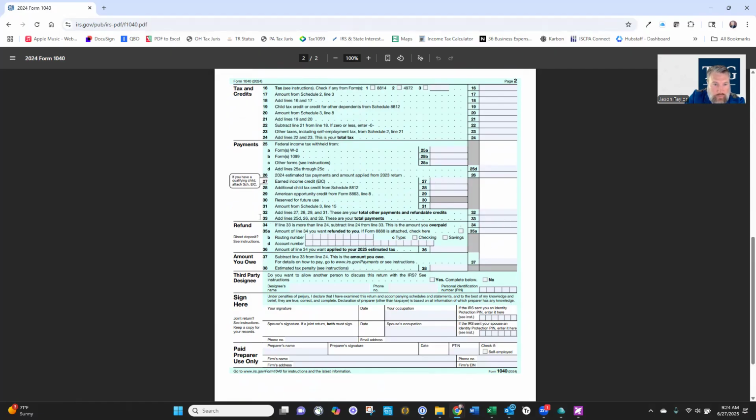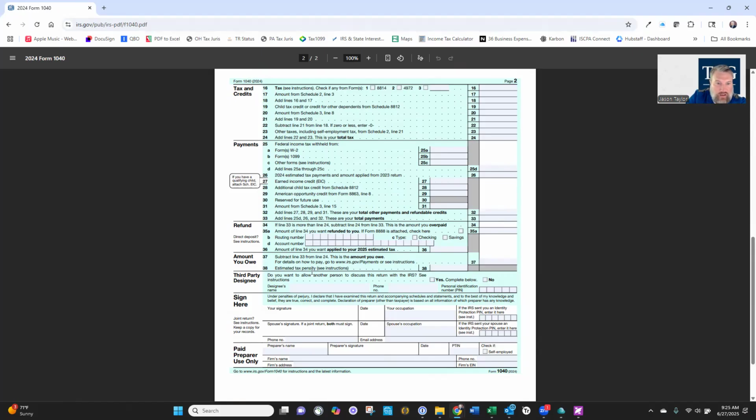Which would be basically line 34 here. If line 33 is more than line 24, so this is your total taxes, and then your payments, so taxes minus payments. If 33 is greater, you get a refund. If 33 is less, then you owe taxes.